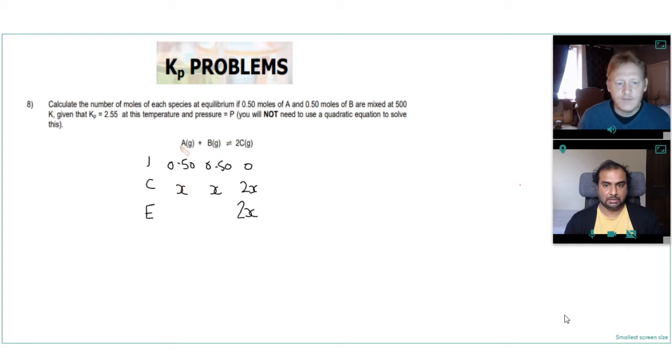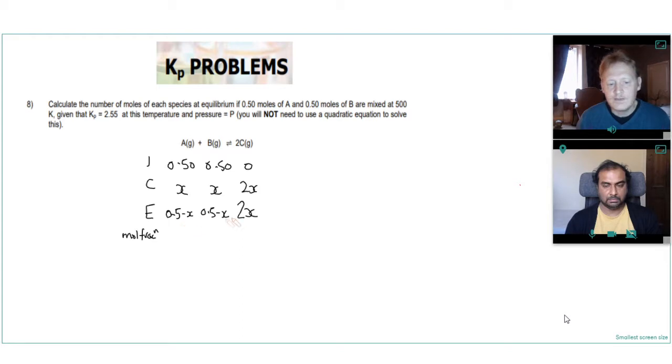So what's left of A would be our initial take away our change. So that would be a half take X. And the same for B, a half take X. And then, because this is Kp, what we do next is the mole fraction, which is the number of moles divided by the total number of moles at equilibrium.